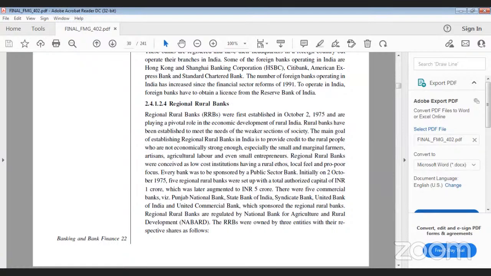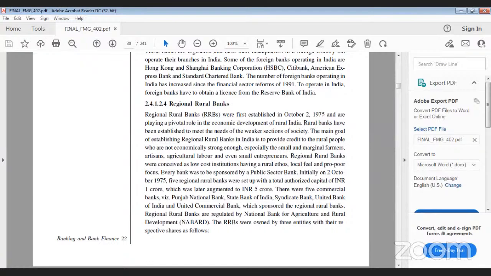Regional rural banks were conceived as low cost institutions having a rural ethos, a local feel, and a pro-poor focus.